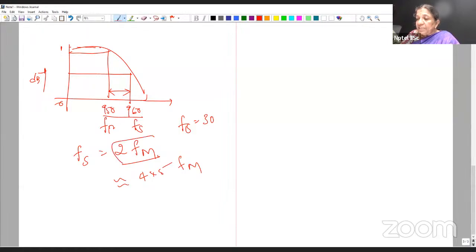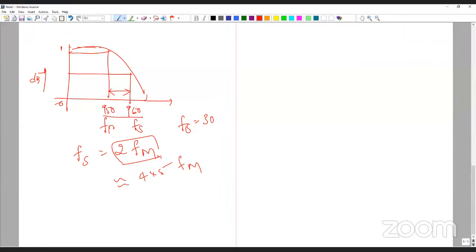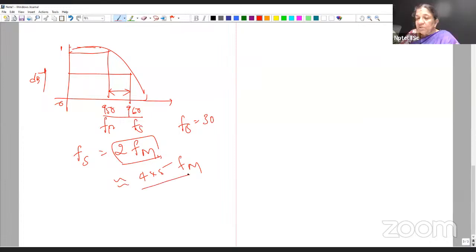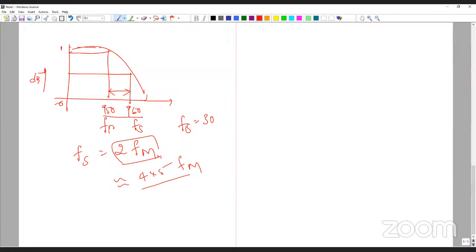Because if you take just 2 fm, for a sine wave we know we would be getting all zeros when we sample it. That is why we usually sample 4 to 5 times the maximum frequency present in your input.